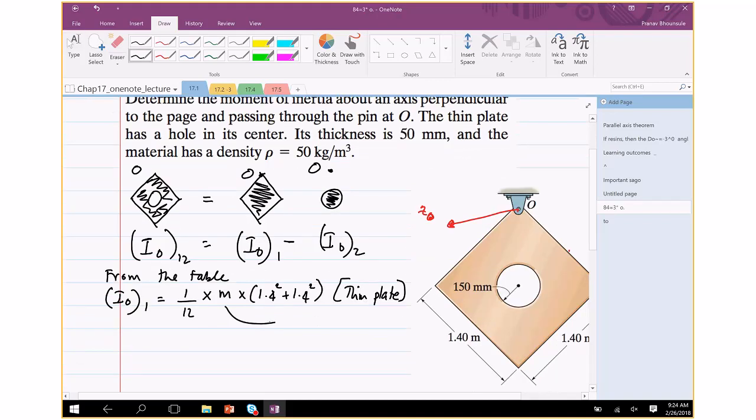Okay, what's the mass? It's the density times the volume. The volume is the area times the thickness. So 1.4 times 1.4 times the thickness, which is 50 mm. So 50 divided by 1000.